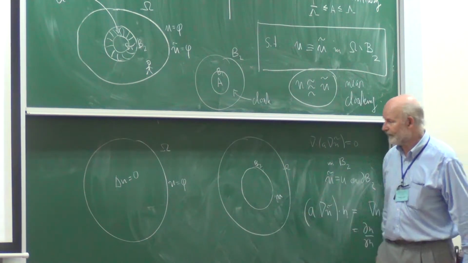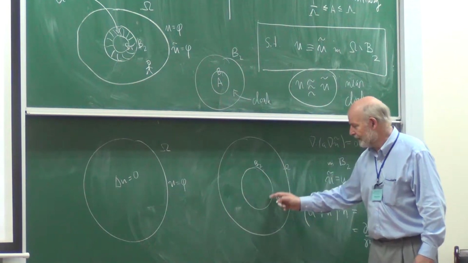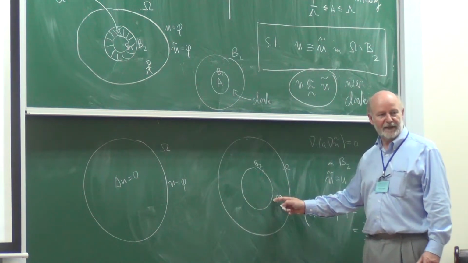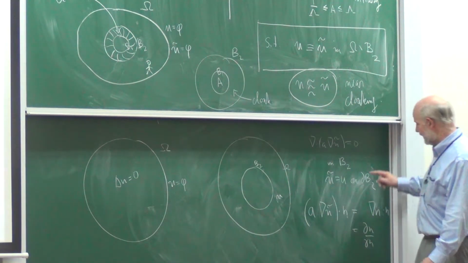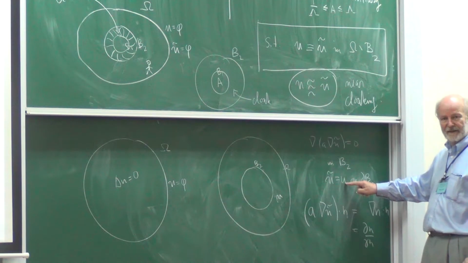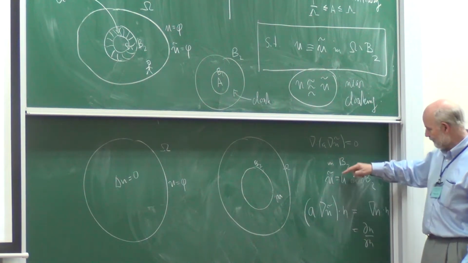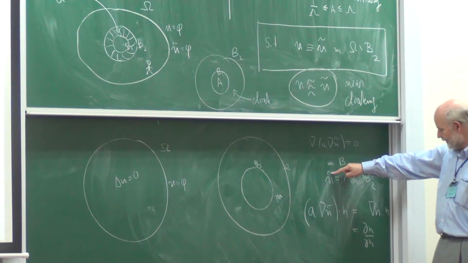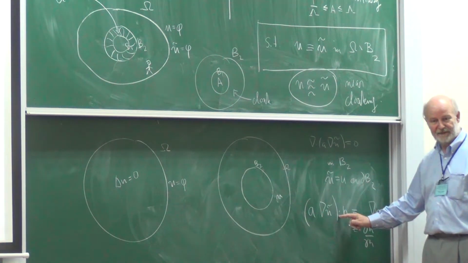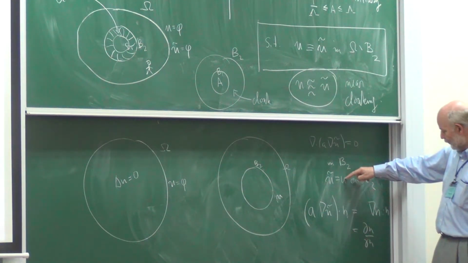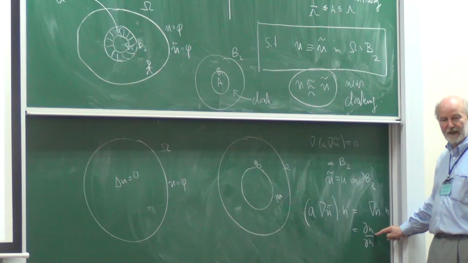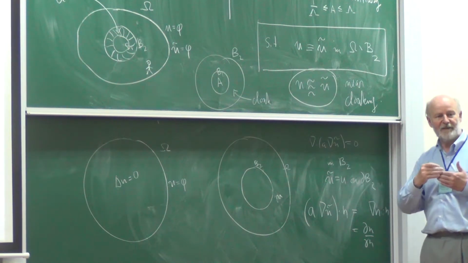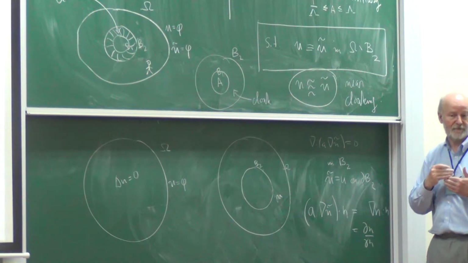So really what I have argued is that in order to make only changes locally in here, I need to have that the Dirichlet to Neumann data map, because this is Dirichlet data for U tilde, this is Neumann data, and this is Dirichlet data for U, this is Neumann data for U. I need to have that the Dirichlet to Neumann data map for U and U tilde should be the same.